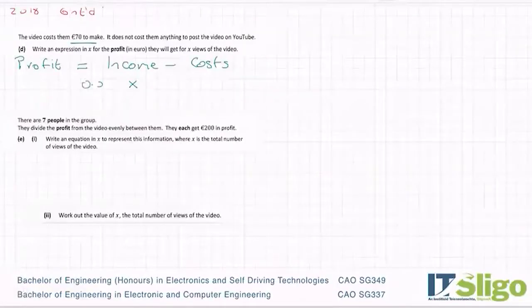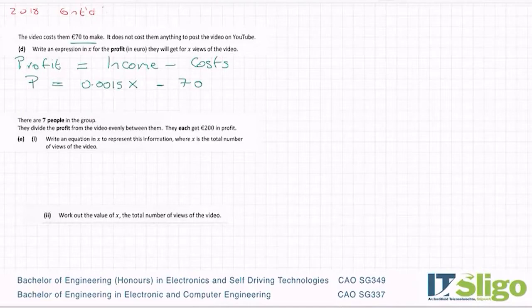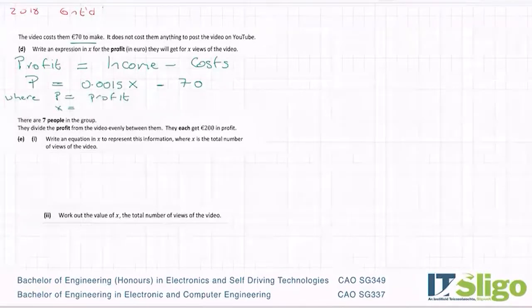So 0.0015 times X, that's how many views they have, minus the costs. Okay, and we could call our profit P. Okay, and normally you have to explain your letters. So where P is equal to profit, X is equal to number of views.